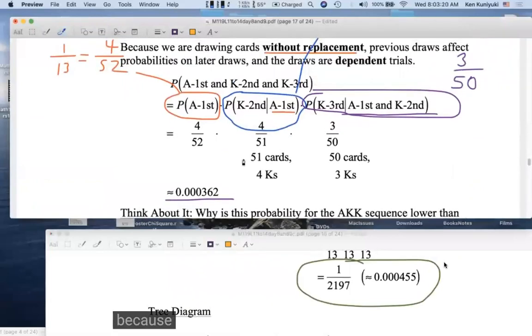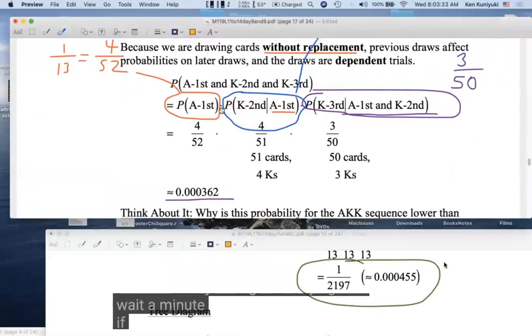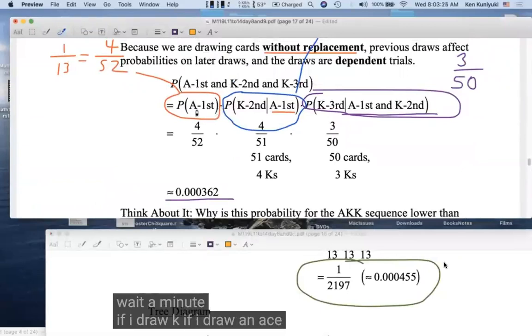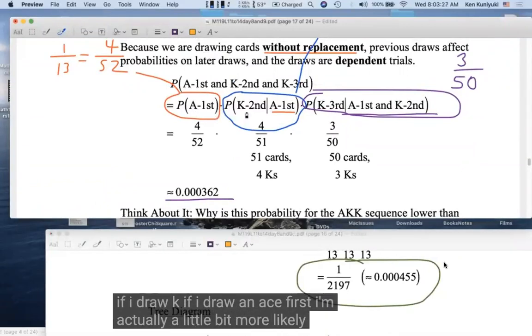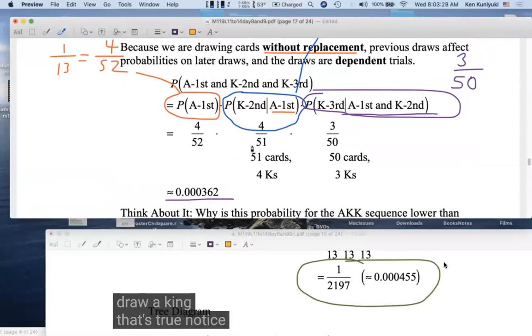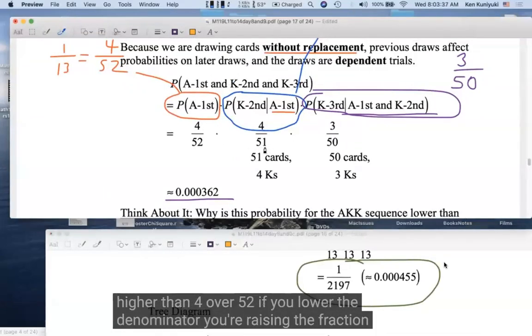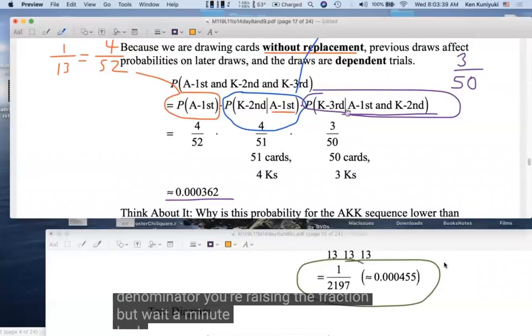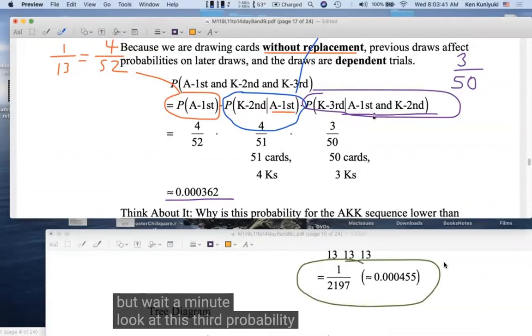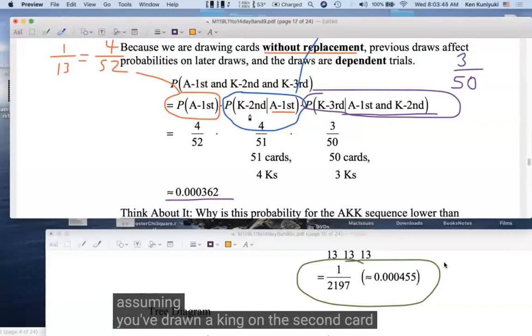Because at first you might be saying, well, wait a minute. If I draw an ace first, I'm actually a little bit more likely to draw a king. That's true. Notice 4 over 51 is a bit higher than 4 over 52. If you lower the denominator, you're raising the fraction. But wait a minute. Look at this third probability. We're assuming you've drawn a king on the second card.